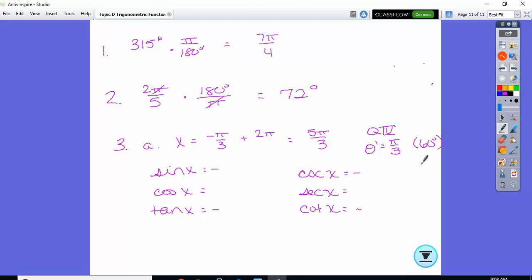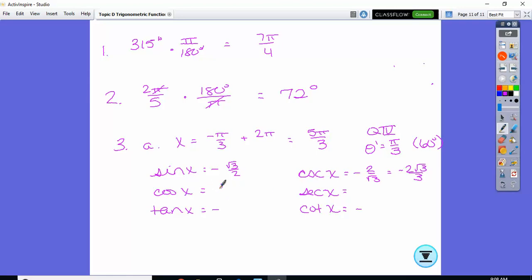Then 60 degrees. What is the sine of 60? So cosecant, you would flip that. You get negative 2 radical 3 over 3.